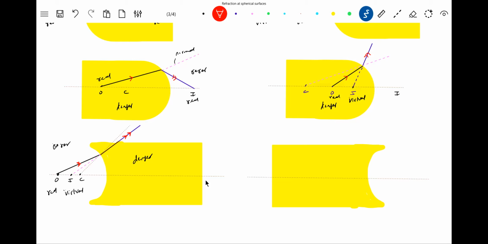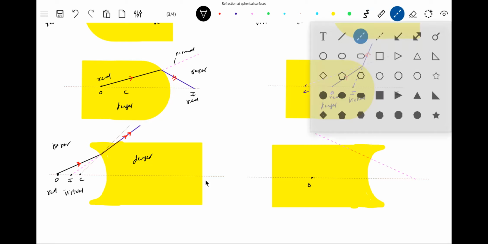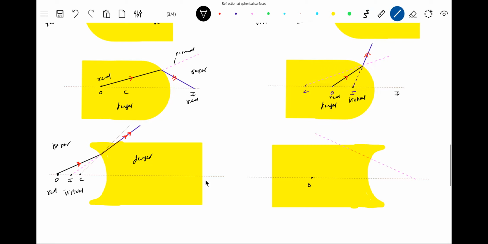Next situation, the object is kept here, with the center of curvature here, in the denser medium. So there's an incident ray. Now the ray is moving from denser to rarer. It should bend away from the normal.